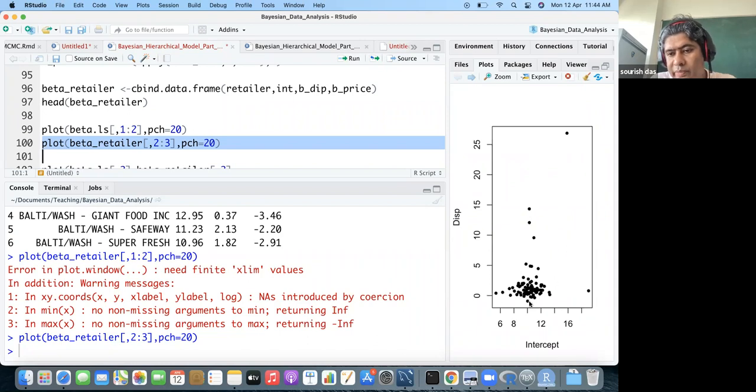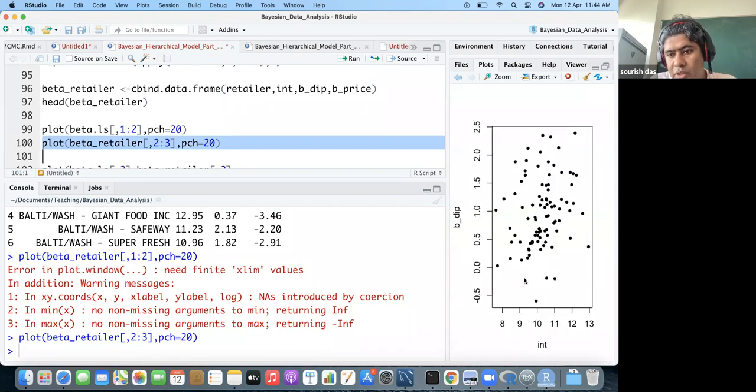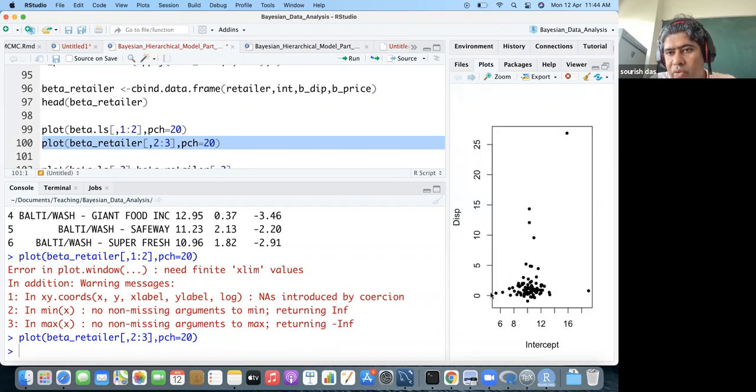So this was the OLS estimates, and this was the hierarchical Bayes estimates, and the coefficients are somewhere in the range of -0.5 to 2.5. In OLS, the coefficient is too large, to be honest. If the coefficient is too large, even a 1 unit change in display activity will have 25 times change in the sales effect, and we know that doesn't make sense.